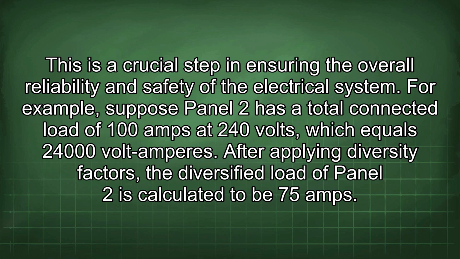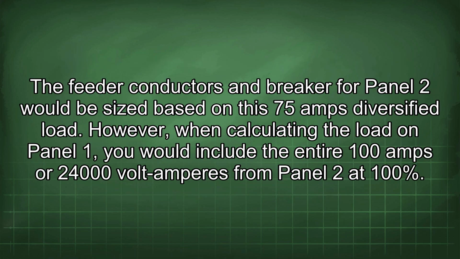For example, suppose panel 2 has a total connected load of 100 amps at 240 volts, which equals 24,000 volt-amperes. After applying diversity factors, the diversified load of panel 2 is calculated to be 75 amps. The feeder conductors and breaker for panel 2 would be sized based on this 75 amps diversified load.